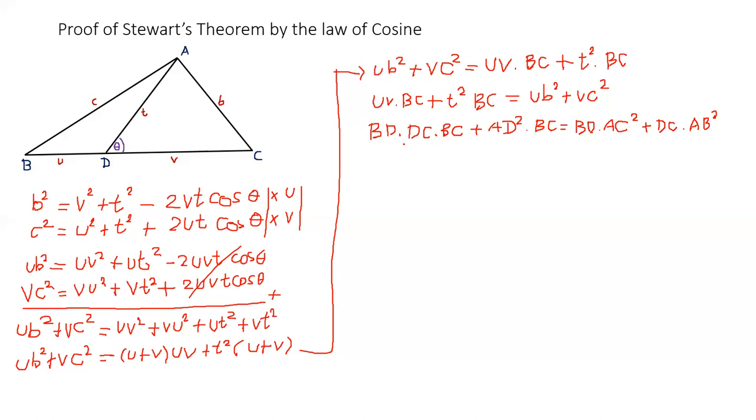Okay, now let's discuss this first problem. On triangle ABC, F is the midpoint of AB. If AC equals 6 centimeters, BC equals 8 centimeters, AB equals 12 centimeters, find CF.